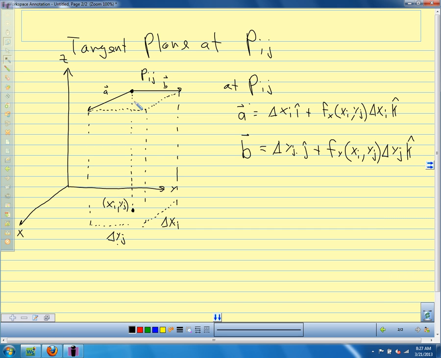How can we find the area of that little piece of the tangent plane with those two vectors? Do you remember? The magnitude of the cross product gives us the area of that parallelogram.